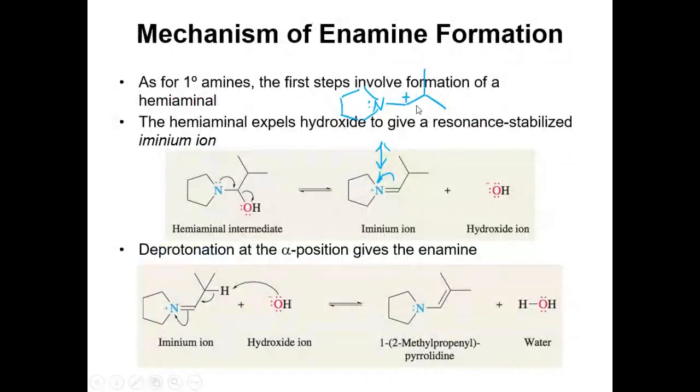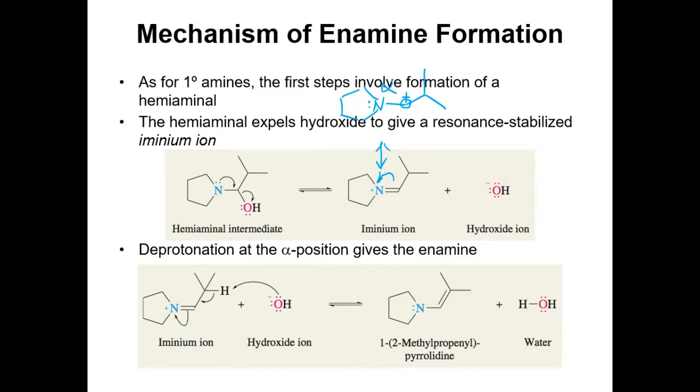And because this is a carbocation, I could have a beta elimination from this carbocation. If this is the alpha carbon, you could remove a proton from a beta atom, an atom that is beta to it.